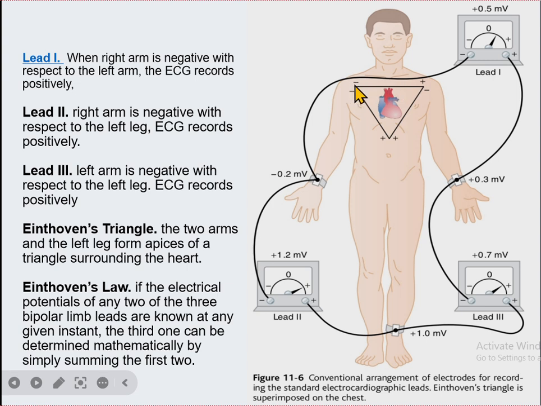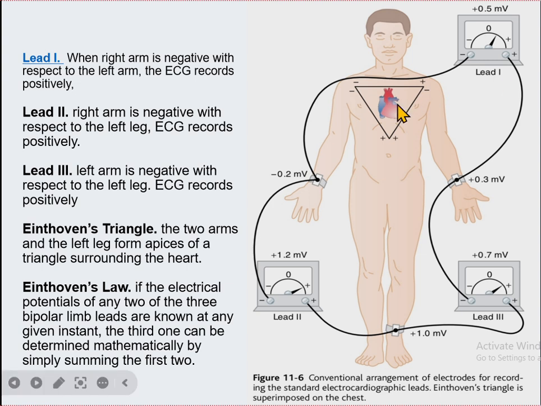For example, lead 1 is moving from right to left. Lead 2 is moving from the right going downwards. Then this is moving from the left hand going to the left leg in this direction. Meaning when I am summing, I should pay attention to that direction.